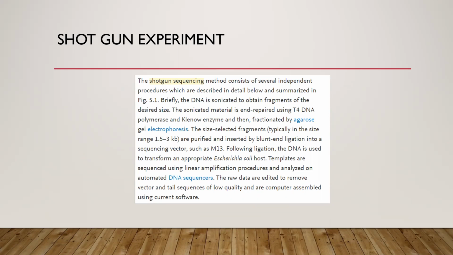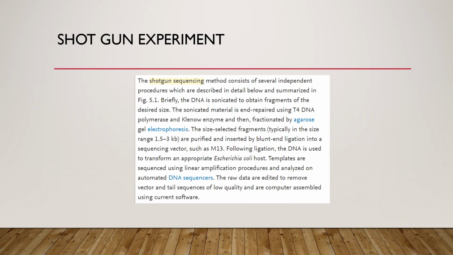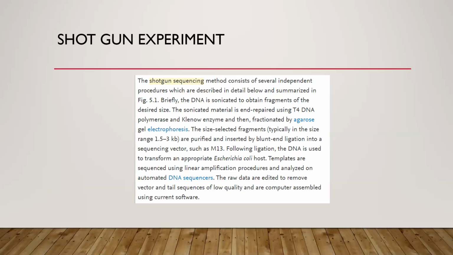Next, the sonicated material is end repaired using T4 DNA polymerase, and fractionated by the agarose gel electrophoresis technique. The size selected fragments are typically in the size range of 1.5 to 3 kilo base pairs. Next, after purification, they are inserted by blunt end ligation into a sequencing vector.